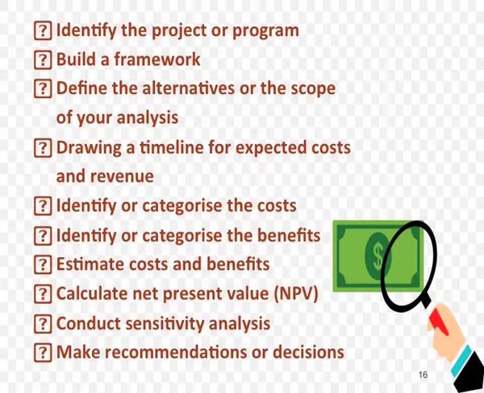Then define the alternatives or the scope of the analysis, draw the timeline or expected cost and revenue, identify or categorize the costs, identify or categorize the benefits, estimate costs and benefits, calculate net present value and conduct sensitivity analysis, and make recommendations or decisions.